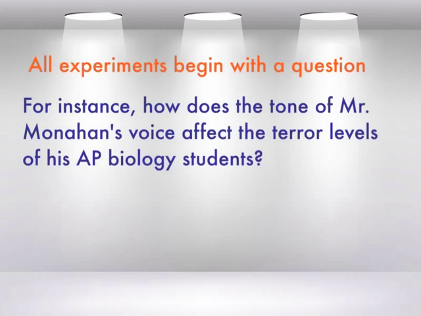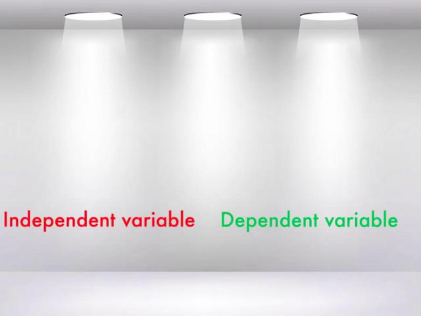In this question are two very important aspects of an experiment. One is the independent variable, and the other is the dependent variable. And it's very important that you understand the difference between these two things. So what is the difference between the independent and the dependent variable? The independent variable is the variable that the experimenter, or the scientist, manipulates.